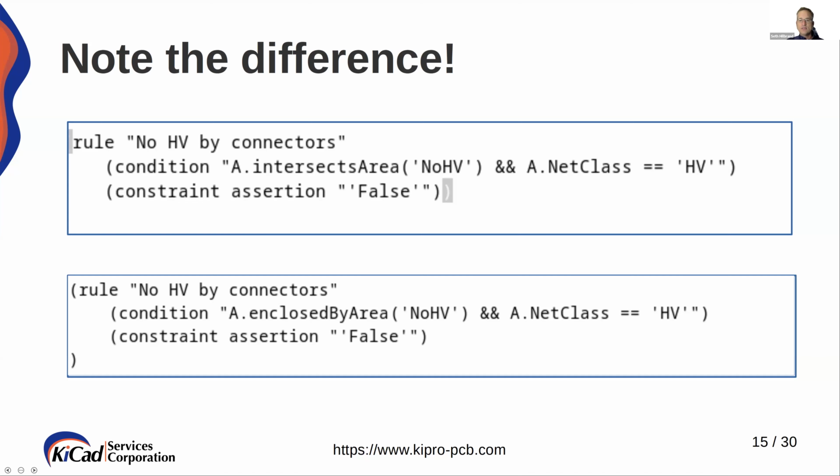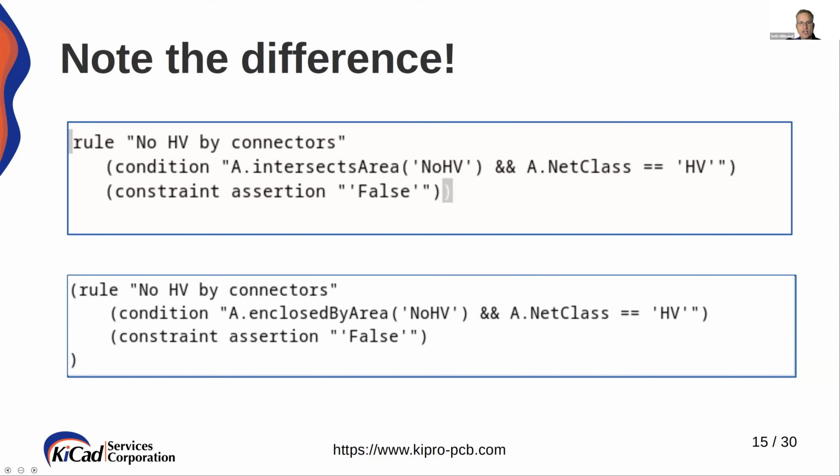These two are generally similar, but the second rule will only trigger if the entire element with net class HV is inside the area. So you can make some changes here. Obviously, for our purposes, the first one makes a lot more sense because you don't want high voltage anywhere inside this area. But sometimes you will want to constrain the elements by being fully inside the area.